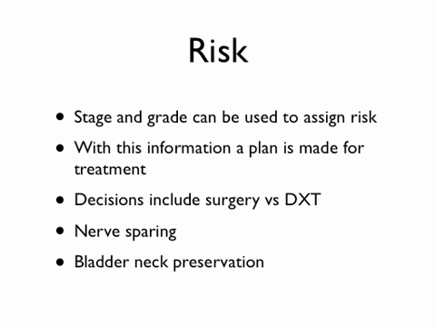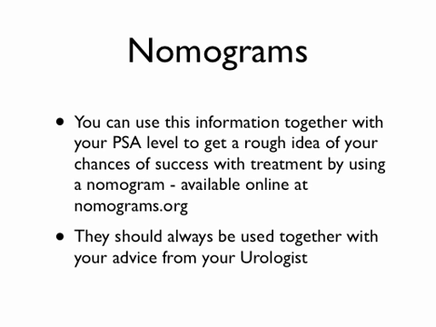And urologists use this information to assign a risk, and following on from that, a plan would be made for treatment. And decisions regarding surgery and radiotherapy and the types that would be used, whether we're able to spare the nerves that supply the erections, whether we're able to preserve the bladder neck, which might reduce the time to getting incontinence sorted out.